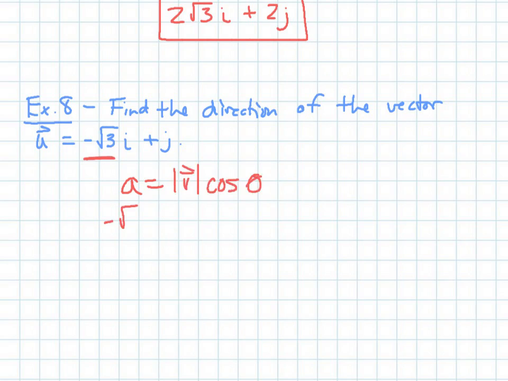So I can say negative square root of 3 equals the magnitude times cosine theta. You can also do the same thing for b. You know that one. So I plug in 1 for b, because that's what's right there.